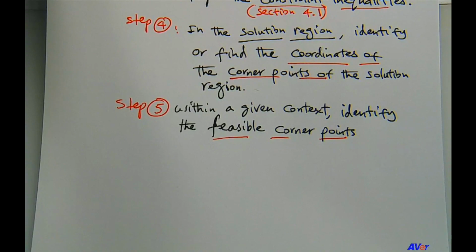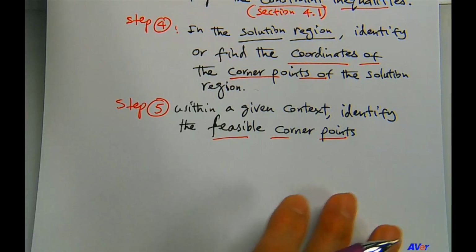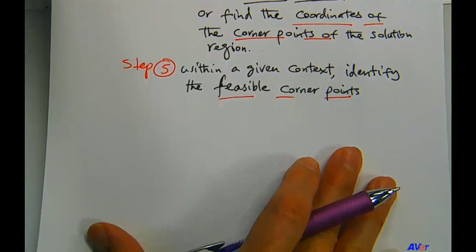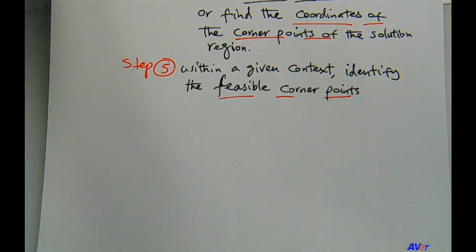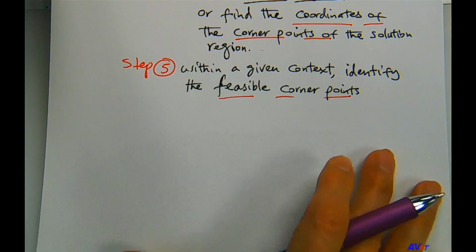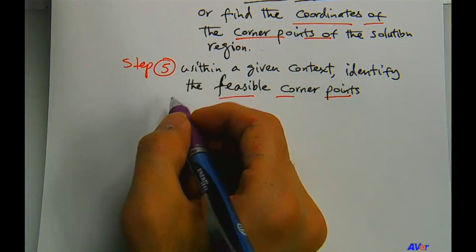So some corner points, especially 0, 0, are not feasible for one reason or another. So we want to exclude those points when we go about optimizing a function, even though those points give us the minimum profit, but we don't want that kind of minimum profit because it means that we don't have a business. All right?